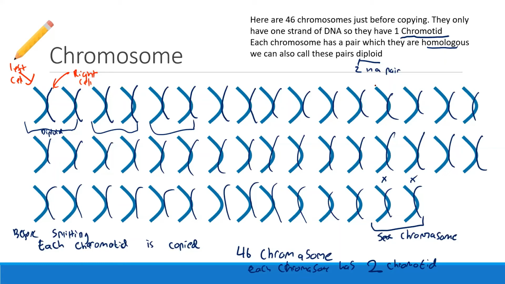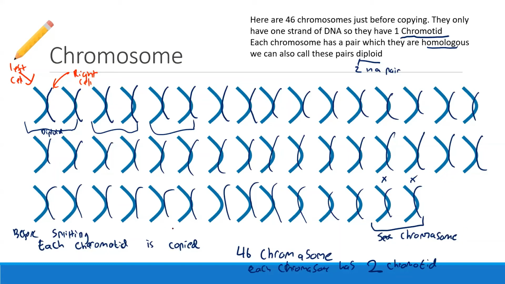Question for you: how many chromatids are there in total at this point right now? Can someone tell me how many chromatids are there exactly at this point now? 92. 92. At this point here, there are 92.